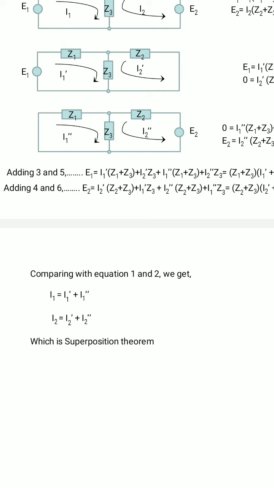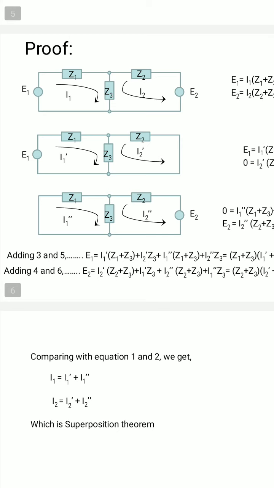That is, the individual responses are I1 prime and I1 double prime, isn't it? And that will be equal to the total response. The first figure has I1 passing through Z1, the current passing through the component Z1 is I1. But when you remove all other sources, keeping only one source, with all other sources replaced with their internal impedance, then the current passing through Z1 is I1 prime.